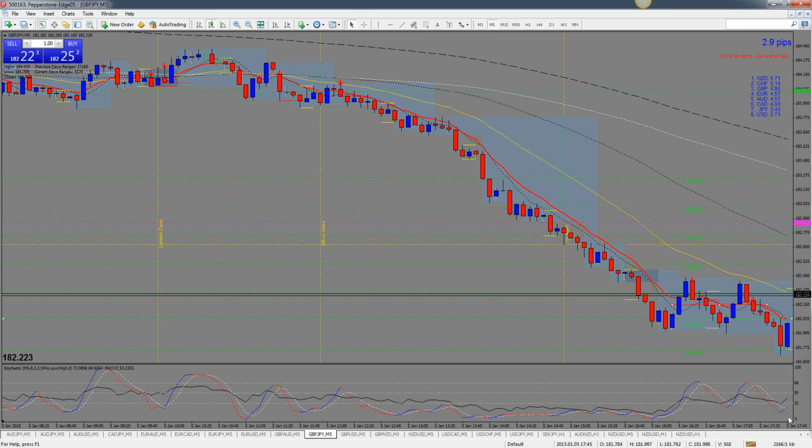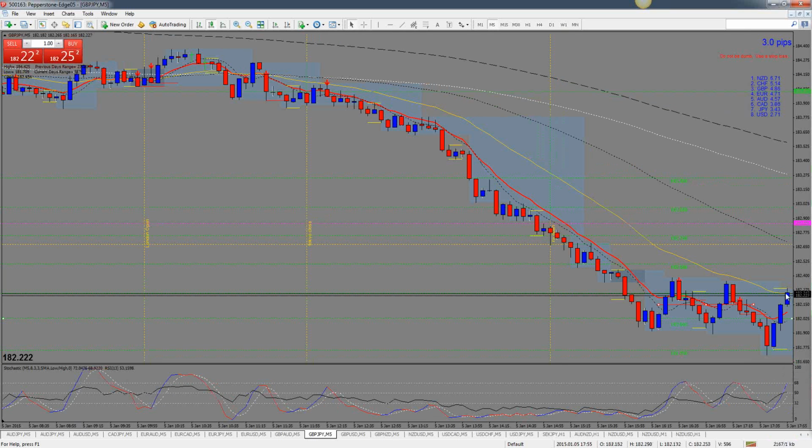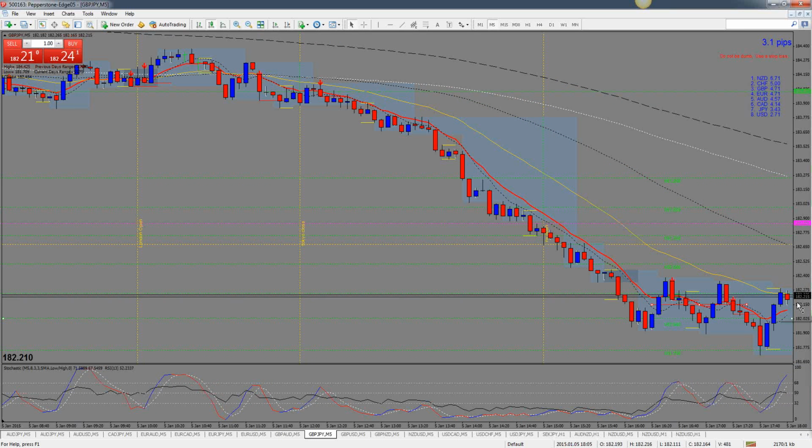We have another inside bar here. Okay, it hasn't broke yet. Okay, it's no trade. We have an inside bar again in the squeeze up here. RSI is above 50 now, so beware. You know, but your stochastics is high. It's an iffy trade. It's not one I would take.